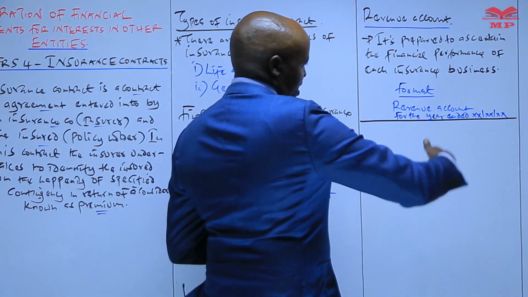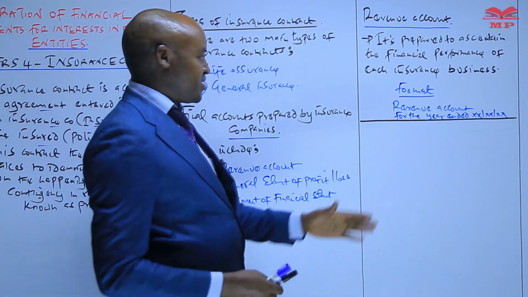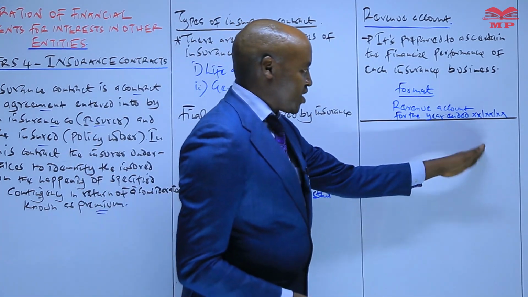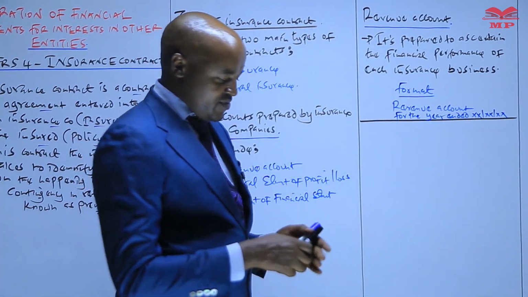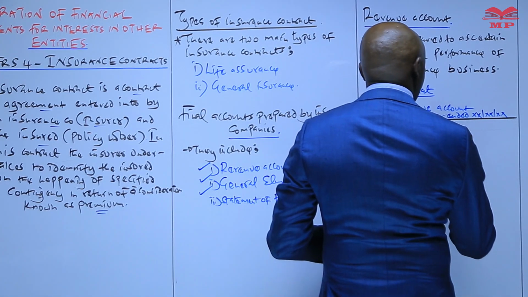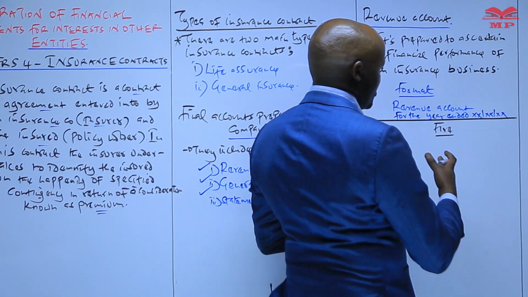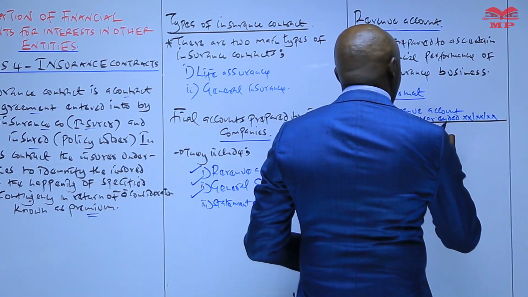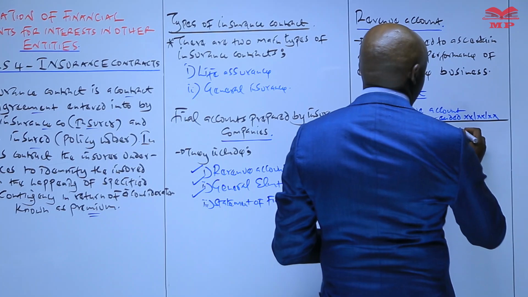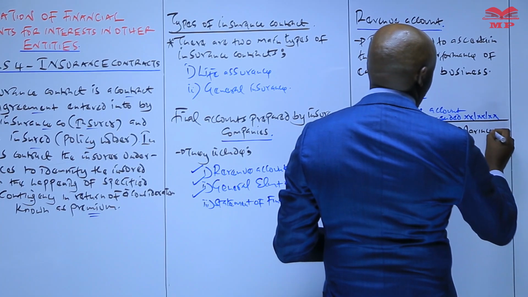And also we have a number of columns here, starting with the details column, and then columns for the various insurance businesses. So like maybe we assume in our case, this insurance company preparing this revenue account is involved in two insurance businesses, the fire insurance and the marine insurance.